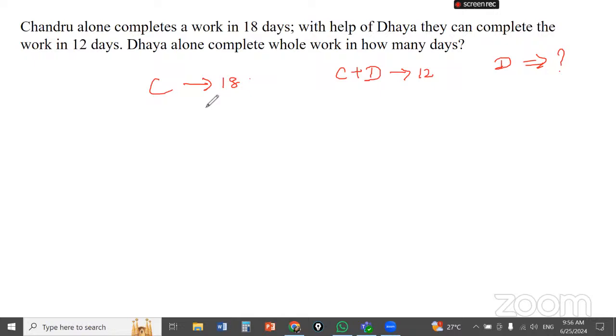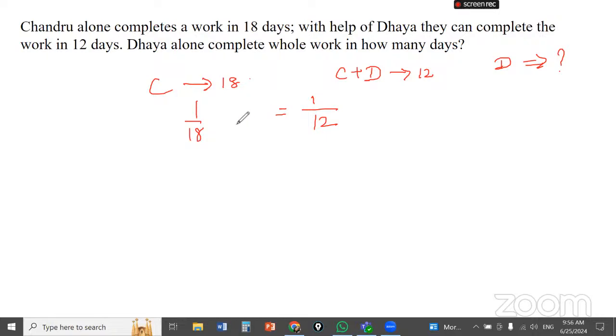So C's 1 day work will be 1 upon 18 and D's 1 day work we don't know, and C plus D's 1 day work is 1 upon 12 together. Once again, I'll complete this and I'll show you the previous one.